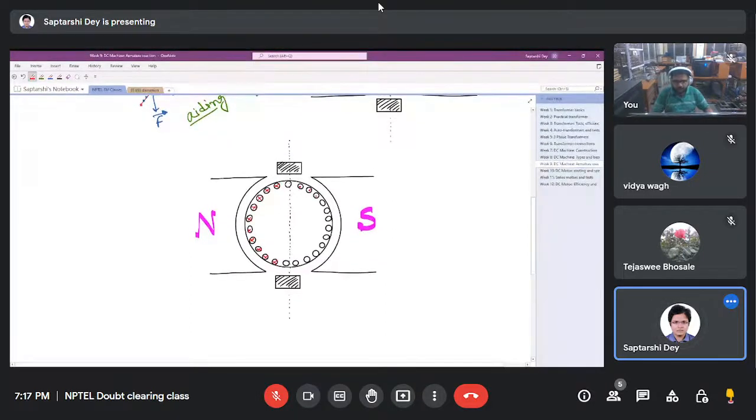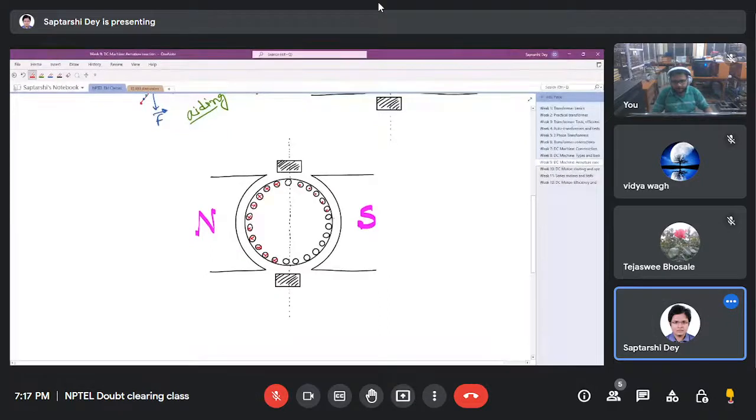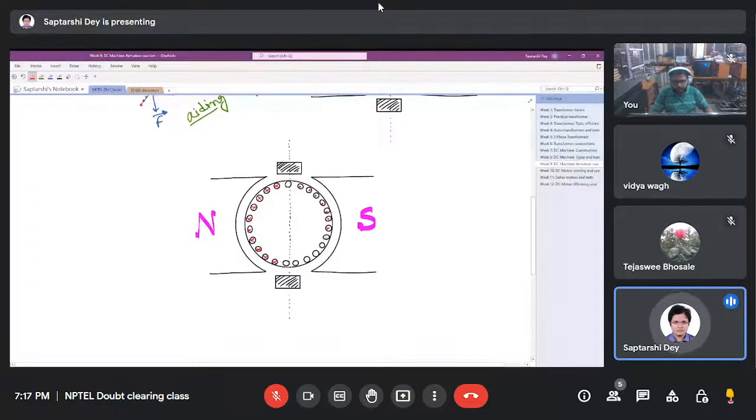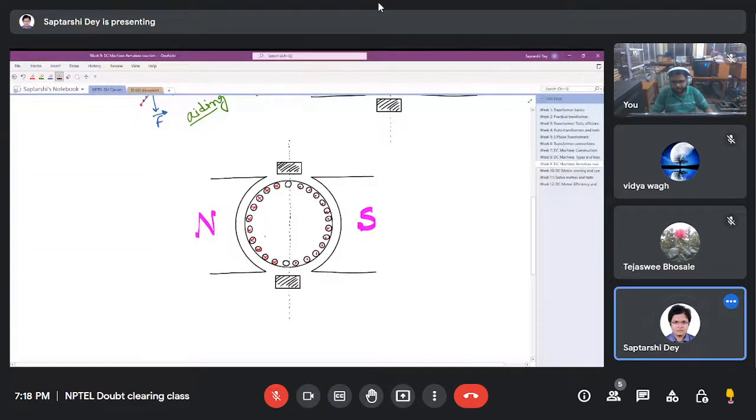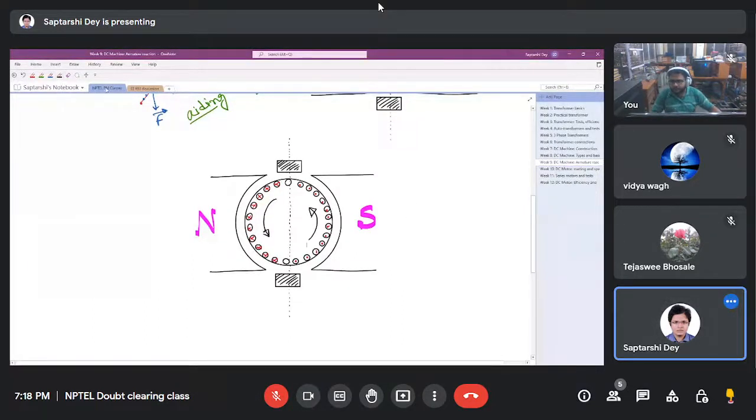Anyway, all the currents on my right hand side are dots. It doesn't matter whether the rotor is rotating or not. The current distribution will always be like this. And we found out that it will rotate in this fashion. Let me copy this, we might need this later.